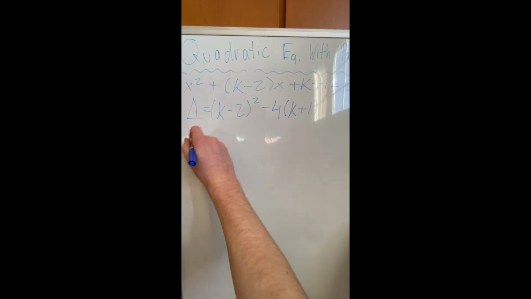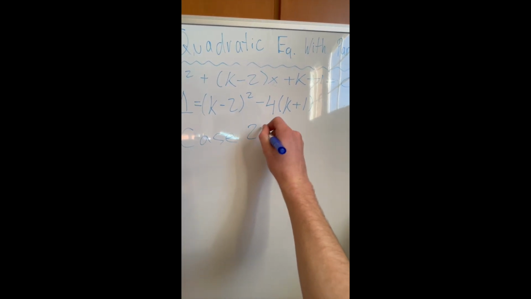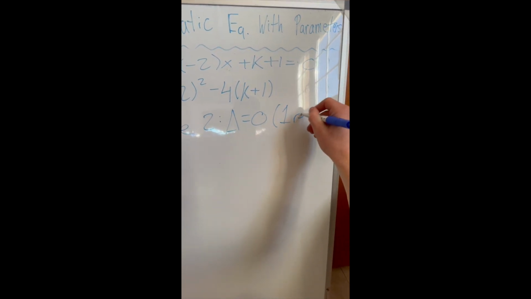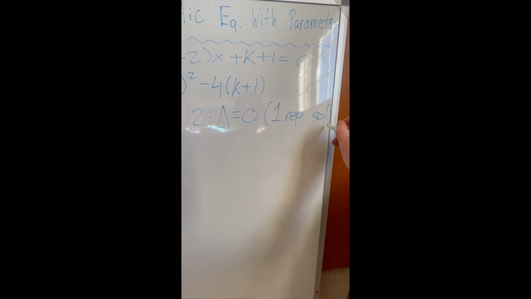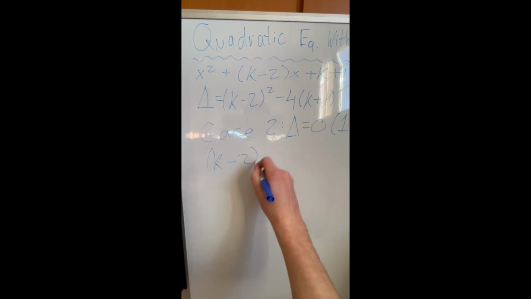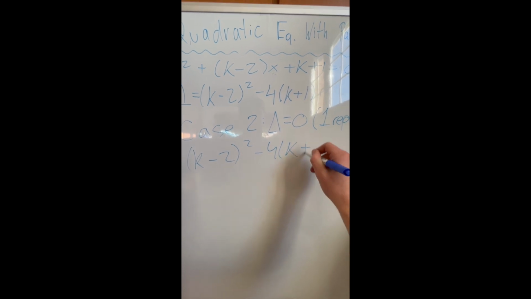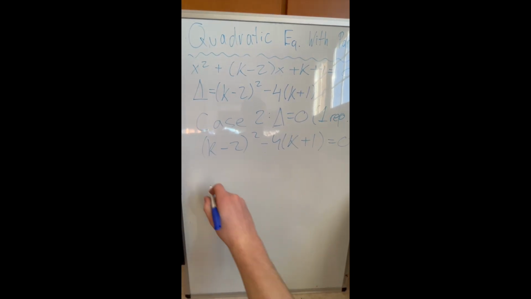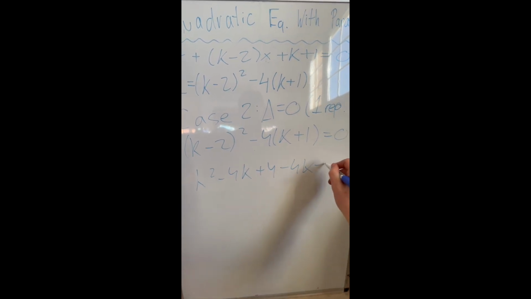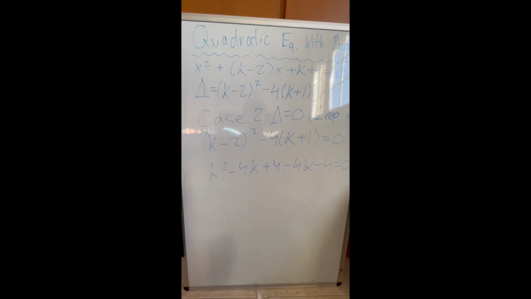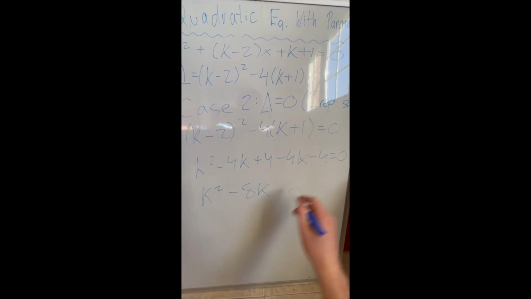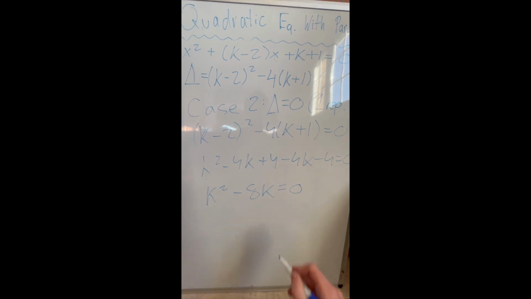For our second case scenario, case 2, we have discriminant equal to 0, 1 repeated solution. Let's solve this one then. (k minus 2) squared minus 4(k plus 1) is equal to 0. k squared minus 4k plus 4 minus 4k minus 4 is equal to 0. k squared minus 8k plus 4 minus 4, which is 0, is equal to 0.